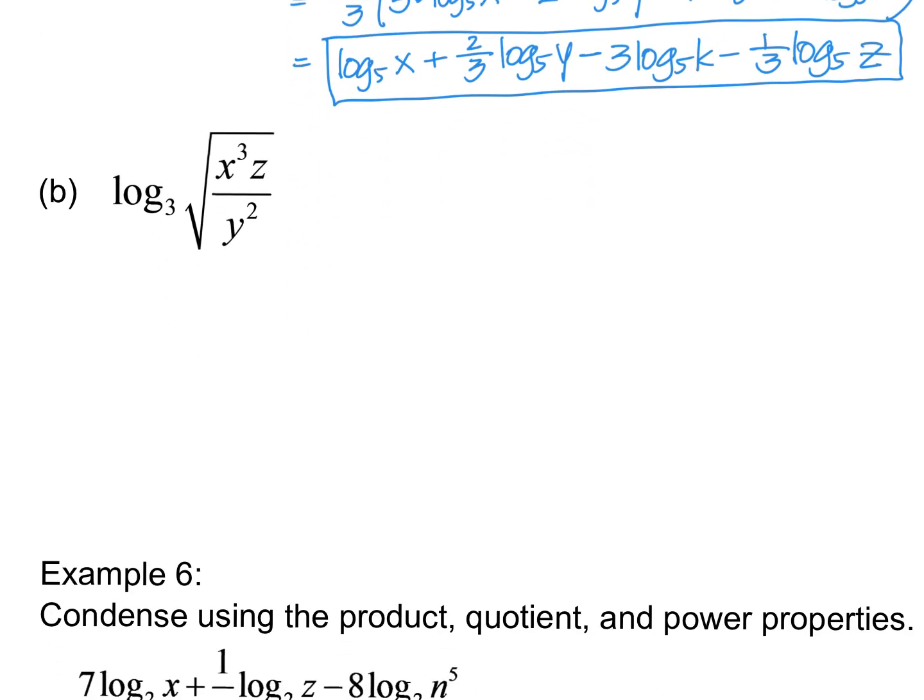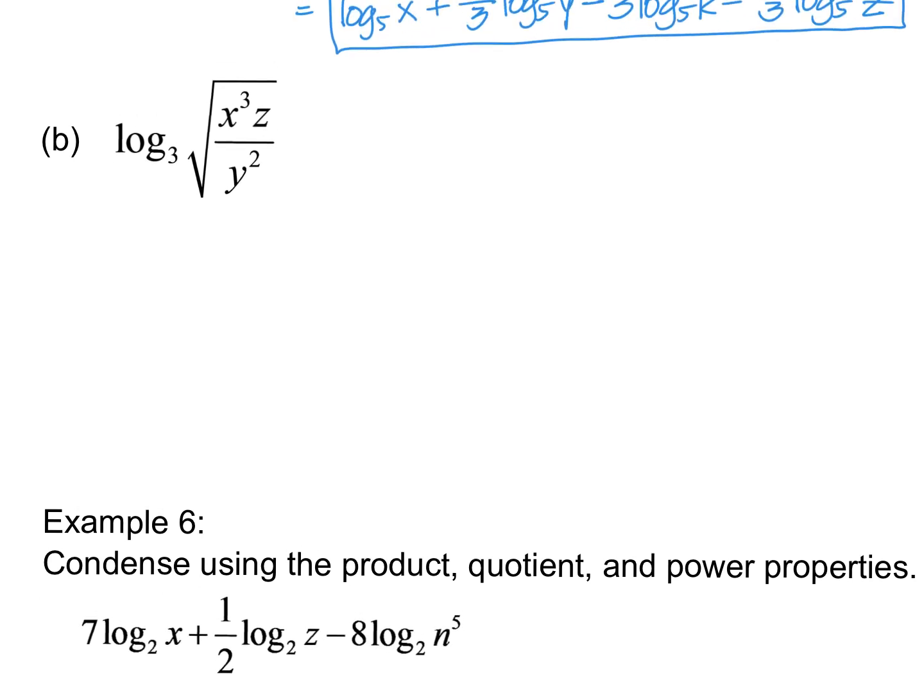All right, let's look at part B now. So the square root is the same as raising everything to the 1/2 power. So the first step is to rewrite this argument as x cubed times z over y squared, all to the 1/2 power.